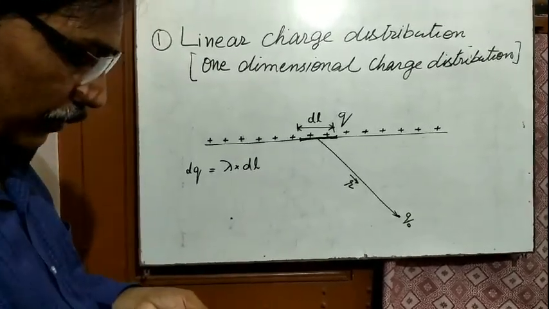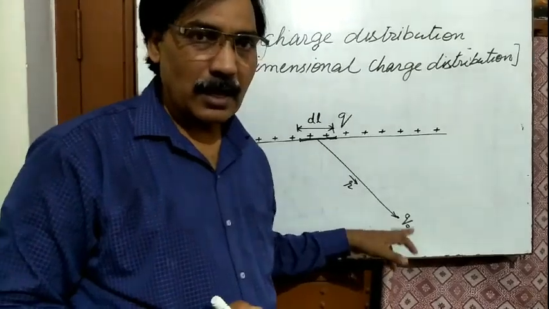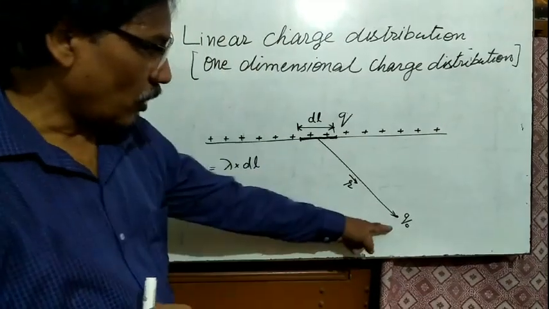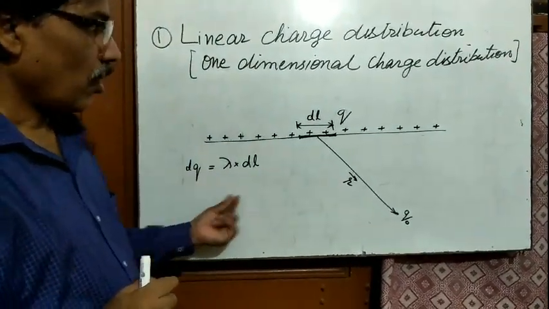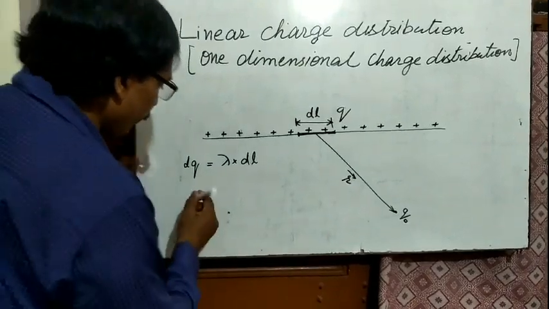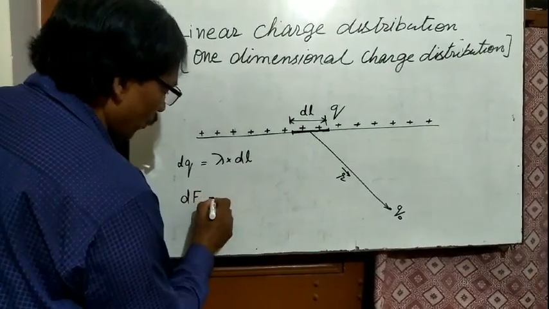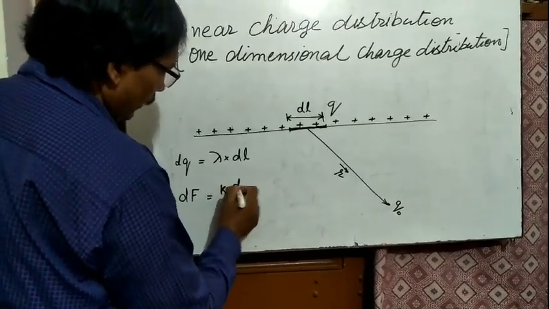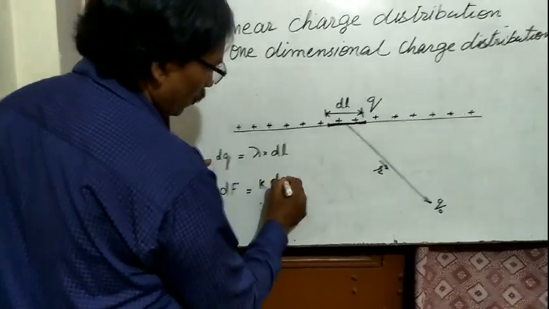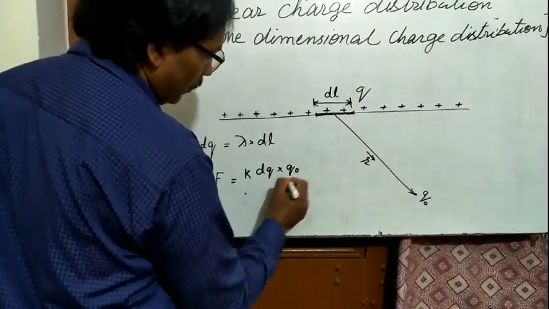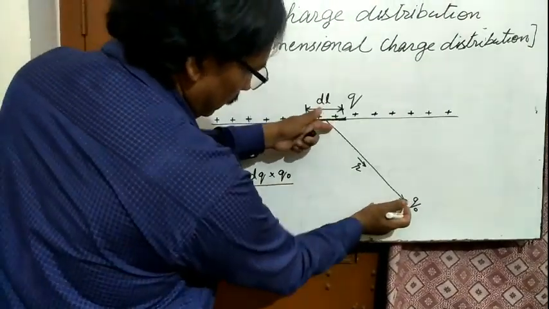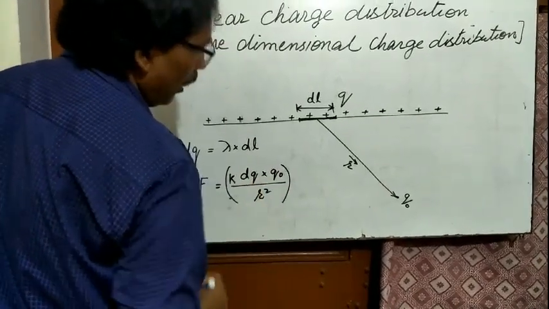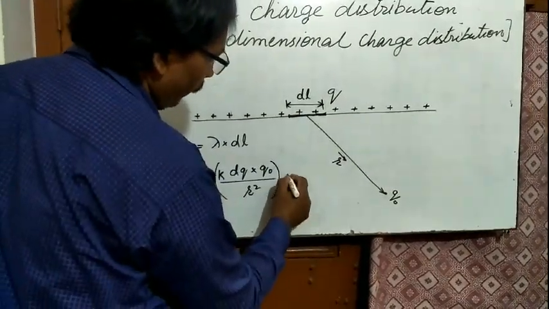Therefore, small force dF acting on charge Q naught due to charge dq on length dl is, applying Coulomb's law, dF equals K dq Q naught by R square, this is the magnitude, and the unit vector in this direction is R cap.